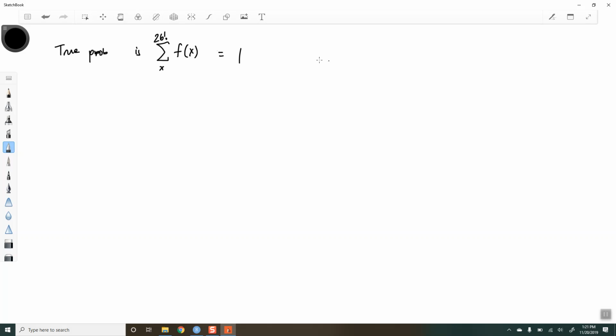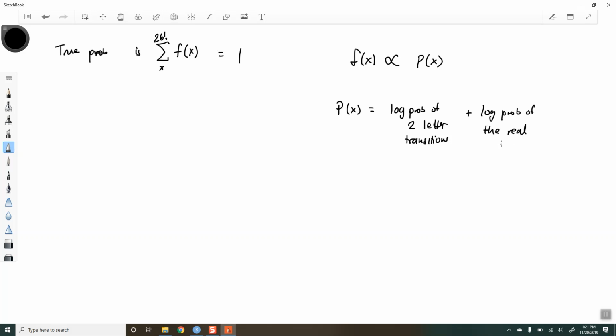There's some complicated thing, and all we know is that f of x is proportional to our p of x, or whatever function we've decided. And we said p of x is going to be equal to basically the log probability of the two-letter transitions plus the log probability of the real words.